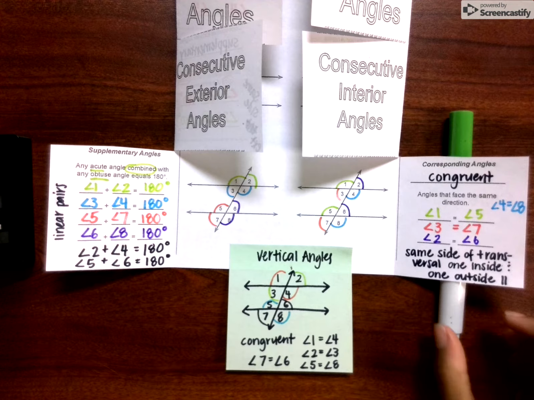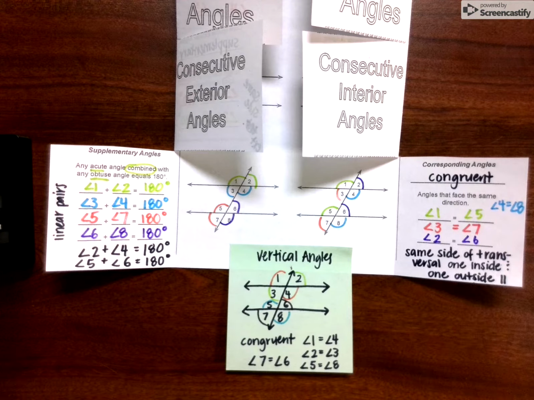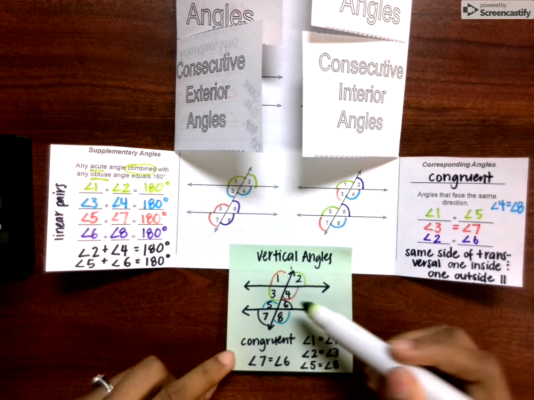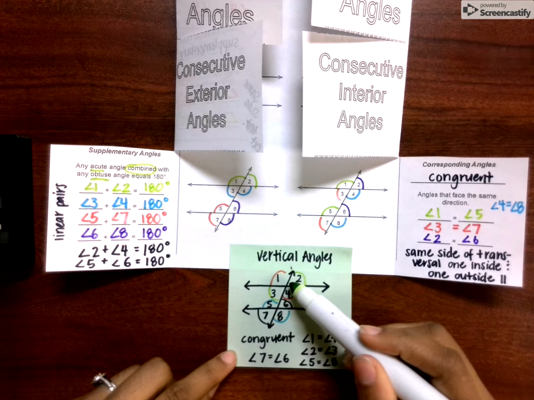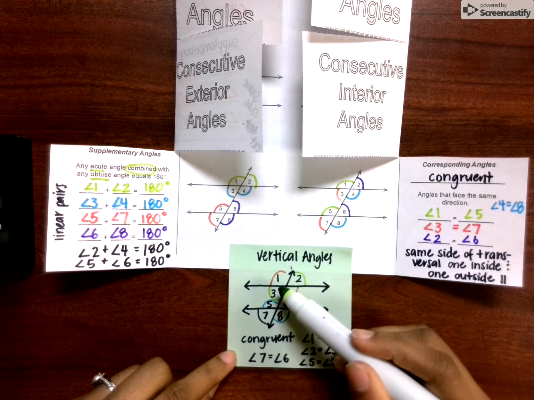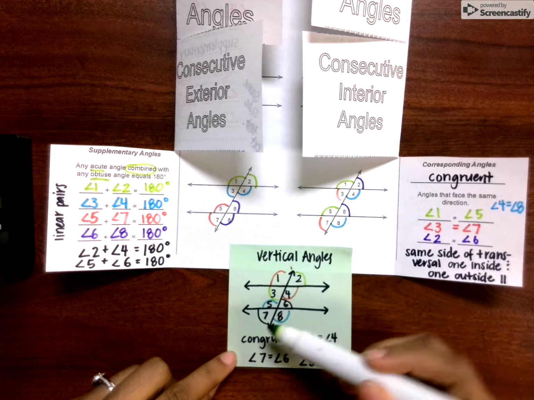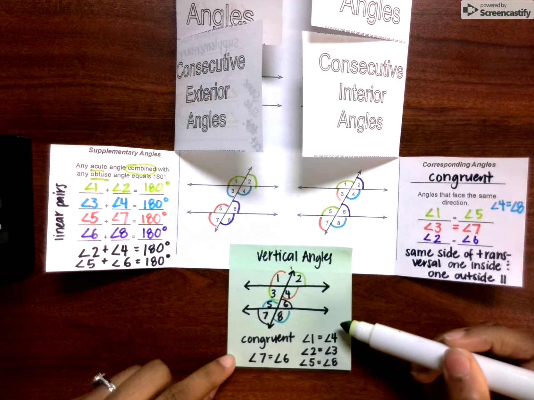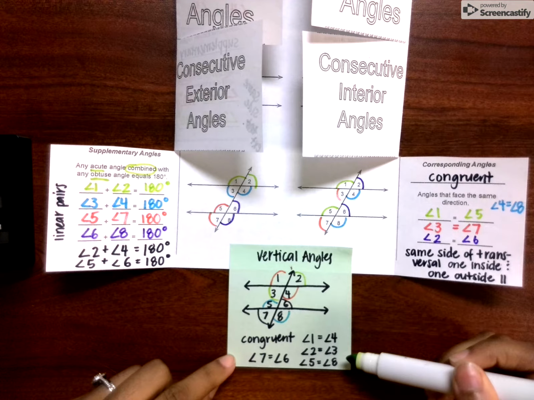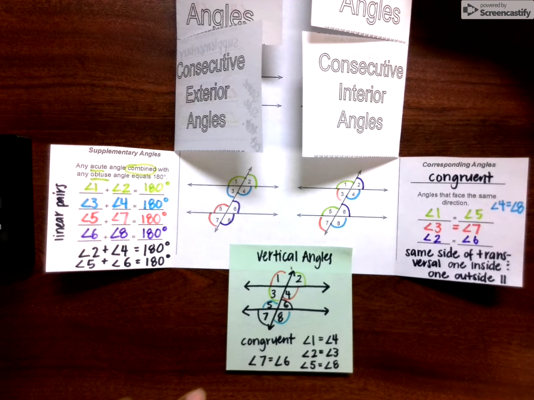Okay, last but not least, vertical angles are also congruent. They basically share the same point and they're diagonally across from each other. So these are your different angle pair relationships listed here below. And that concludes your angle pair relationships notes.